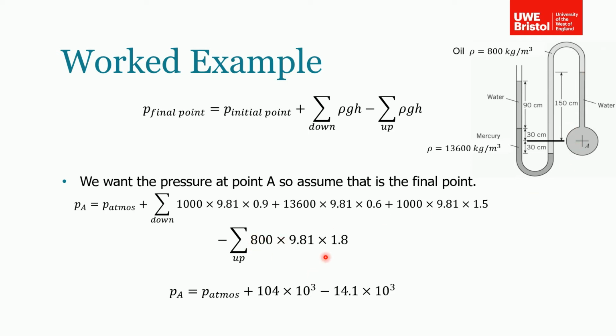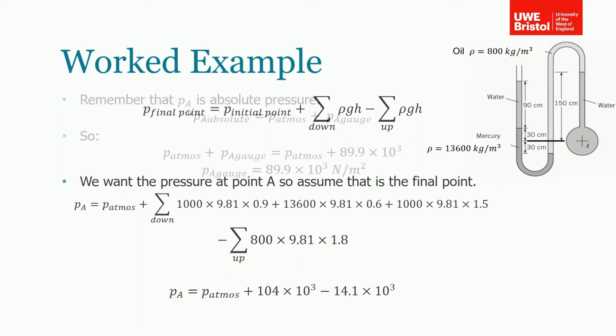Okay, so we can plug those into our calculator, and what we work out is the down minus the up, and that's equal to the difference between the pressure in our pipe A and the atmospheric pressure.